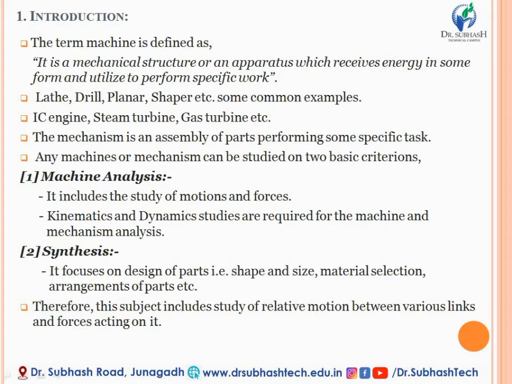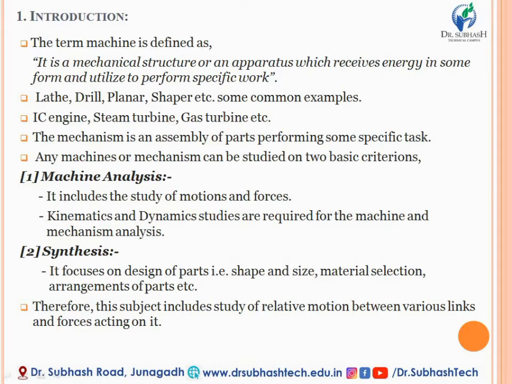For example, if we are taking a 4-bar chain mechanism, a slider chain mechanism, or any kind of mechanism, while it transmits the motion and power from one link to another link or end link, what will be the magnitude and direction of the velocity, acceleration, displacement, or angular displacement? All that study will come under machine analysis.